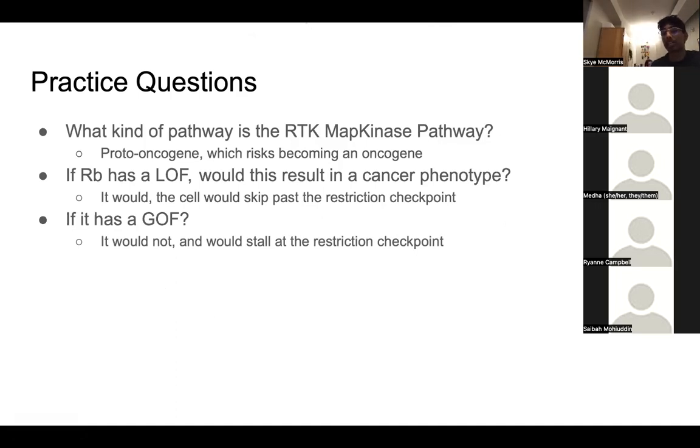It wouldn't result in a cancer phenotype, but if this cell should be replicating and you have a gain of function in RB, then it might not replicate, even though it should. So even a gain of function in a tumor suppressor or a loss of function in a proto-oncogene might still be bad. It won't necessarily result in cancer, but it might still be bad for the context of the cell and the context of the organism.